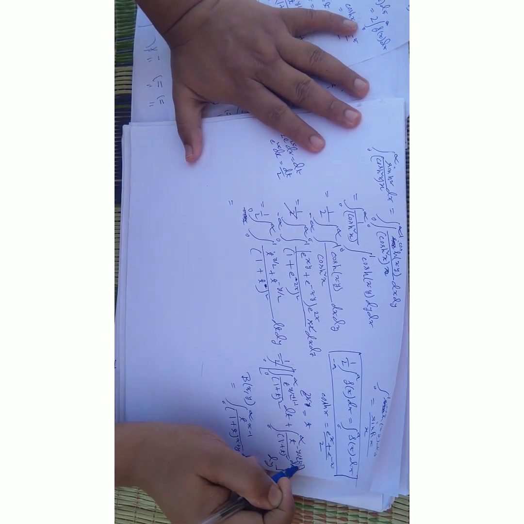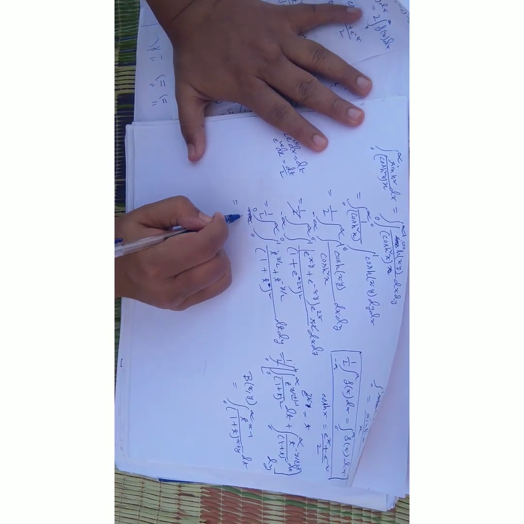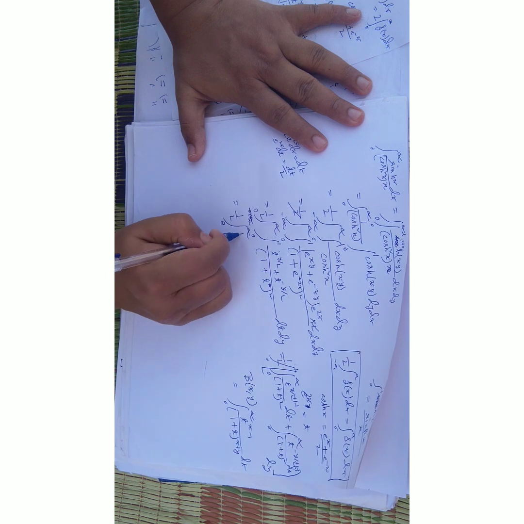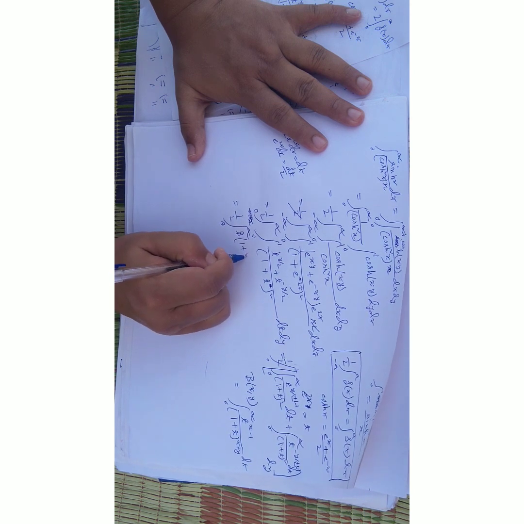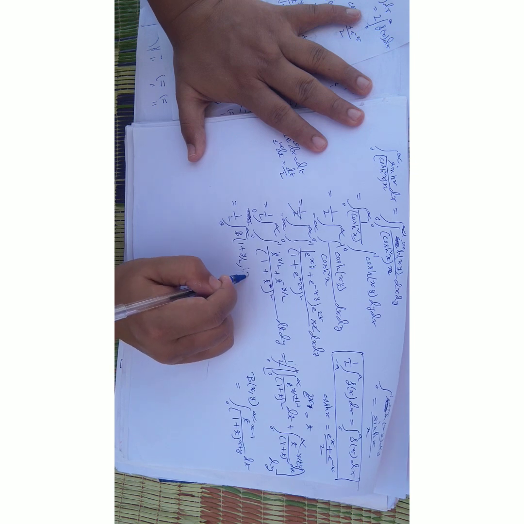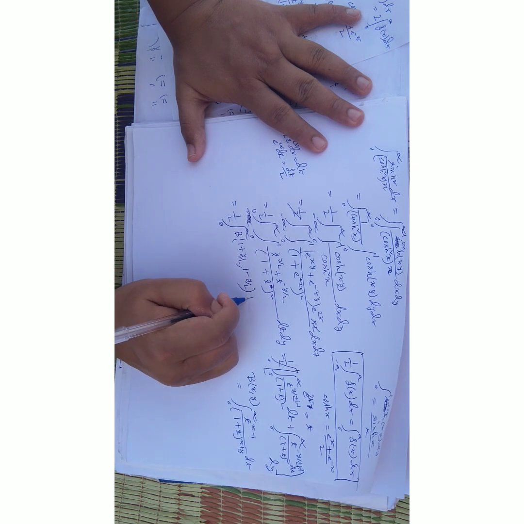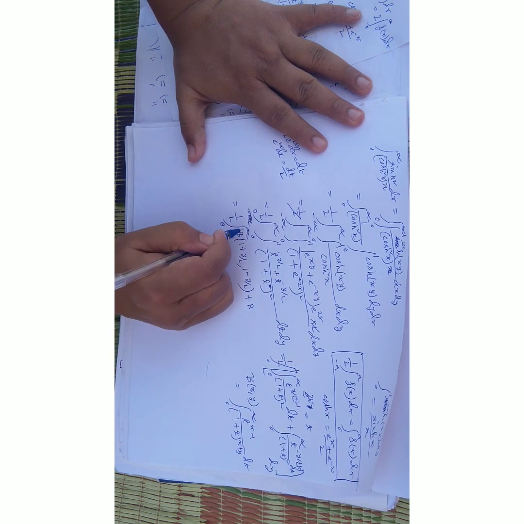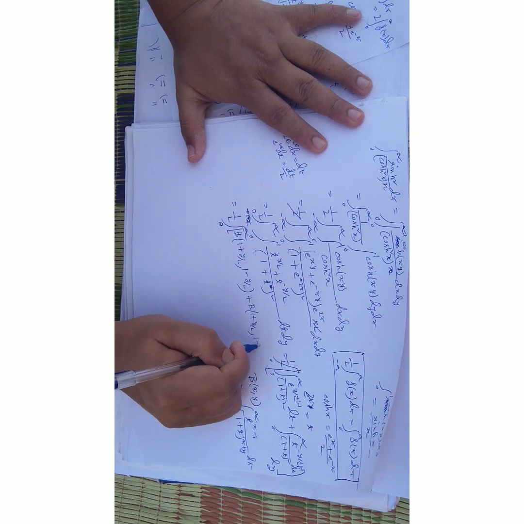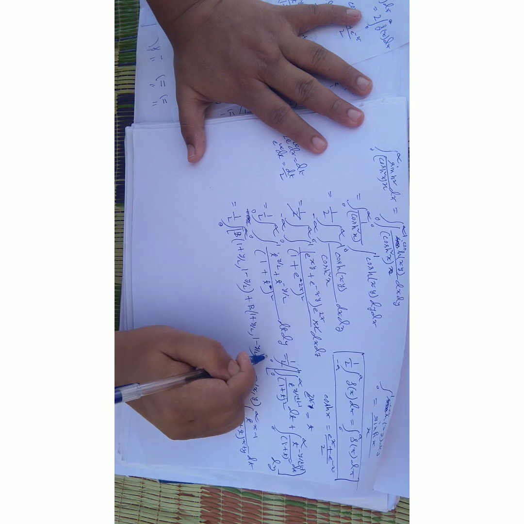This value is half into the integral from 0 to 1 of beta(1 plus y by 2, 1 minus y by 2) plus beta(1 plus y by 2, 1 minus y by 2) dy.